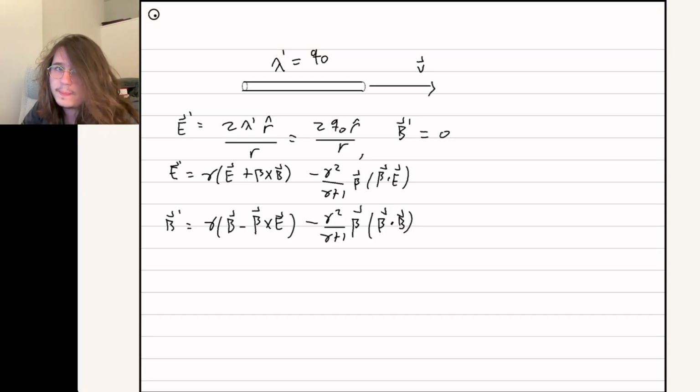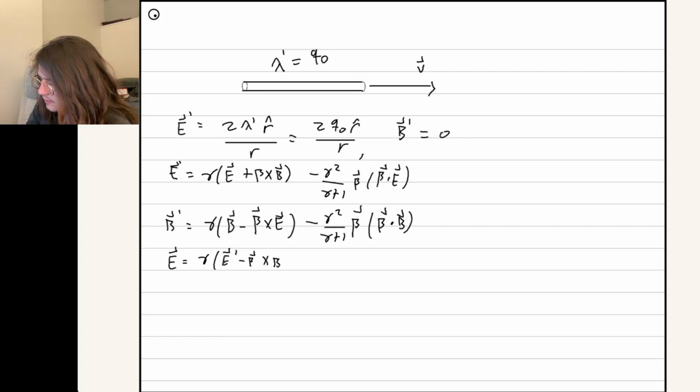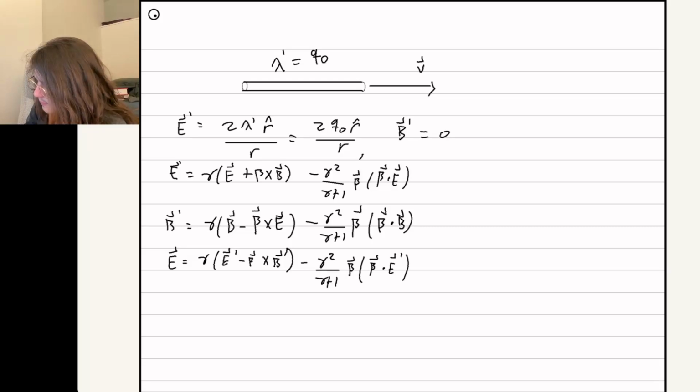Now we're looking for B and E, not E prime and B prime, so we're going to have to invert these equations. To do that, all you really have to do is change the sign on the cross product terms in either one. So instead of having plus beta cross B, you're going to have minus beta cross B. Everything else will follow suit, with gamma plus 1 and beta dot E prime.